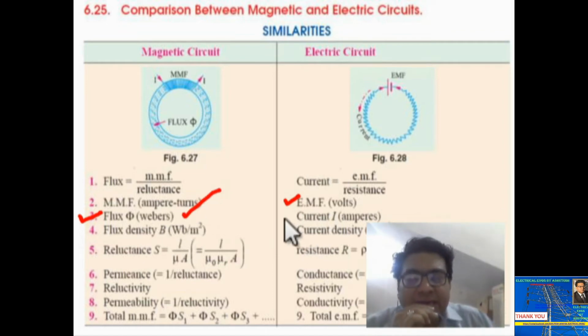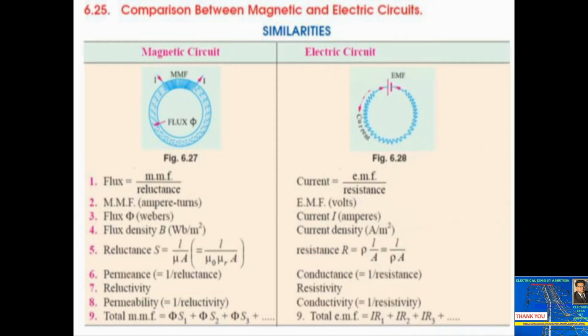And you see current will be circulated in the electric circuit. You can see here, guys, there will be current in the electric circuit, and the unit of current is amperes.